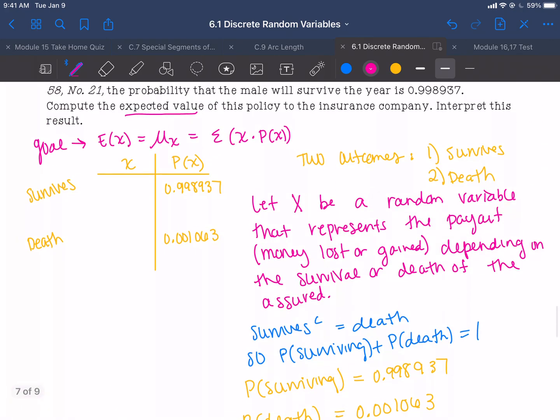So those are our potential values of our random variable X. So we have $350, or we have negative $249,650.